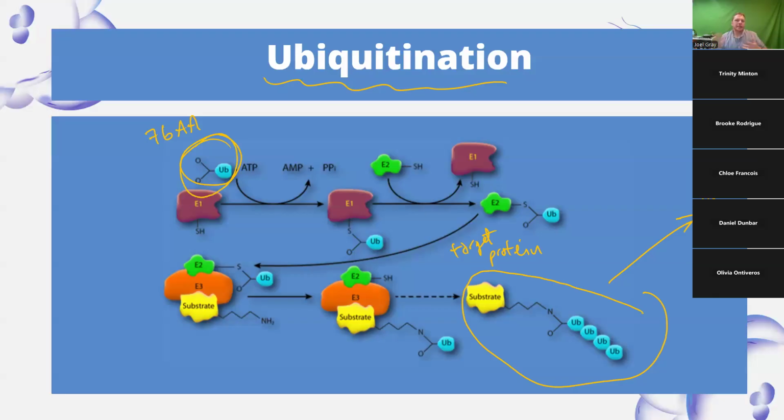If a protein does not have these ubiquitin subunits added to it, it's probably not going to be degraded. So whenever you hear ubiquitin, think, aha, that's the protein that helps target other proteins for digestion.